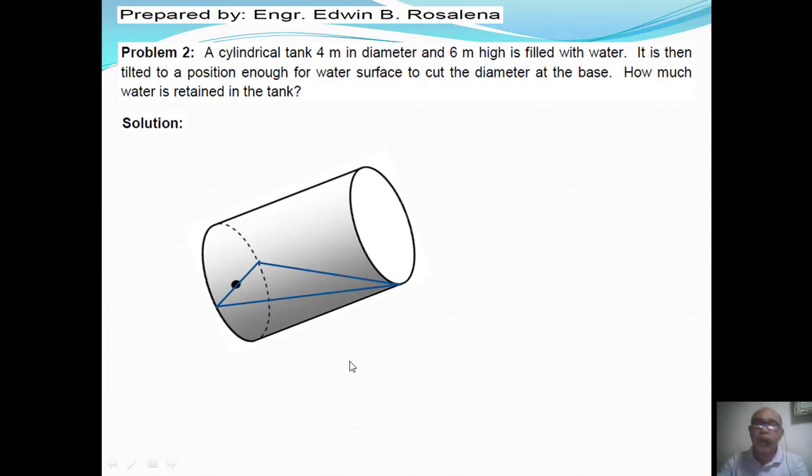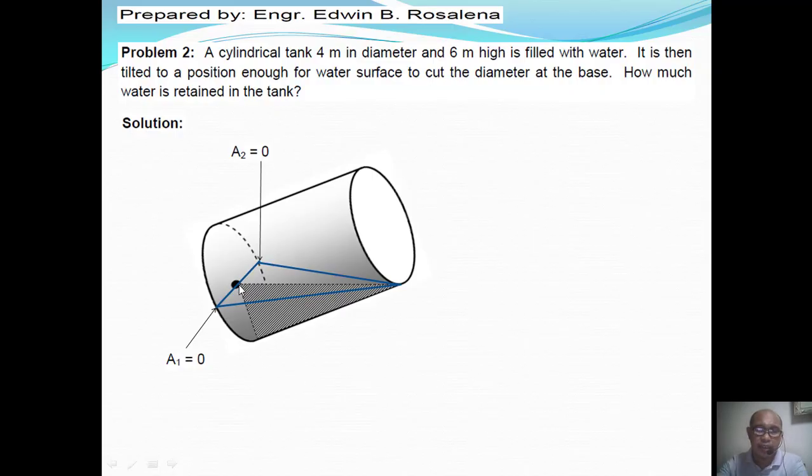Okay. So have you noticed that we can use our Prismoidal formula to solve for the volume of water remaining here? How? Because I can consider this as end area 1 and this is 0. This is end area 2 and that is also 0. And this is the area of the middle section, which is a triangle.